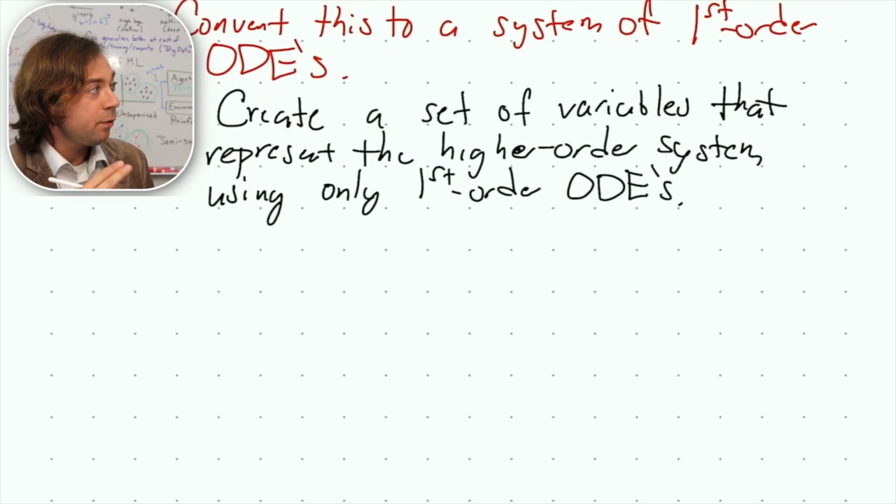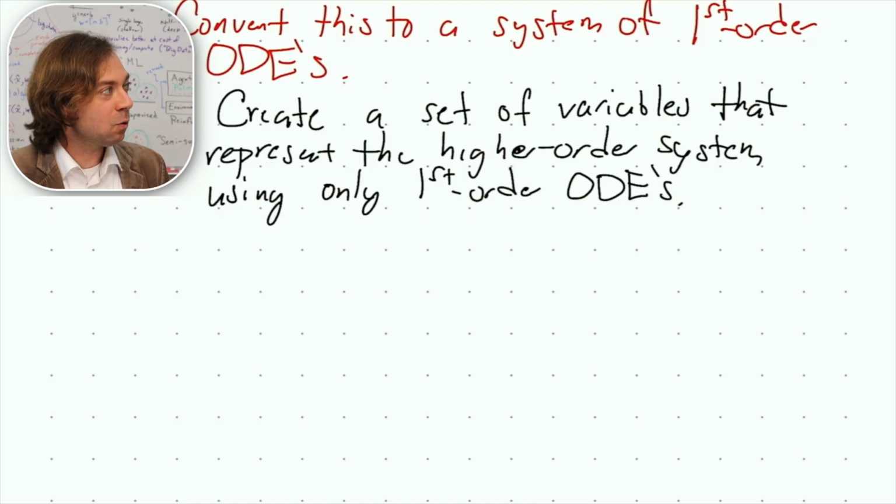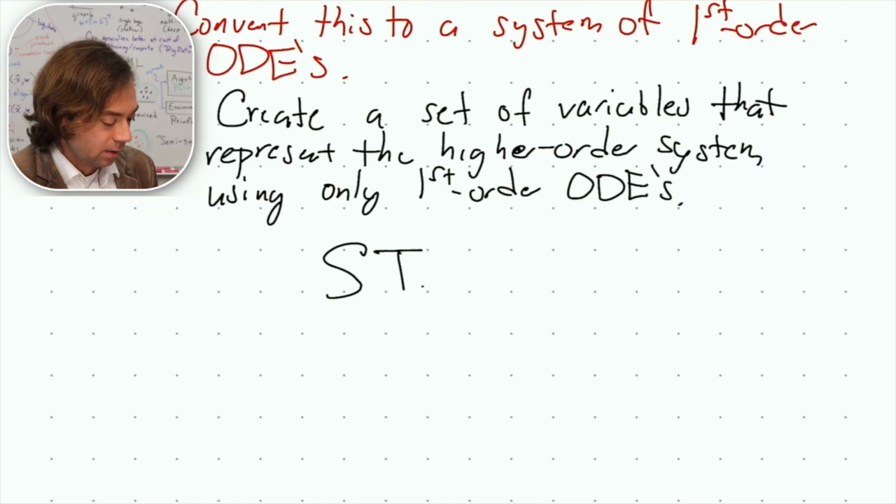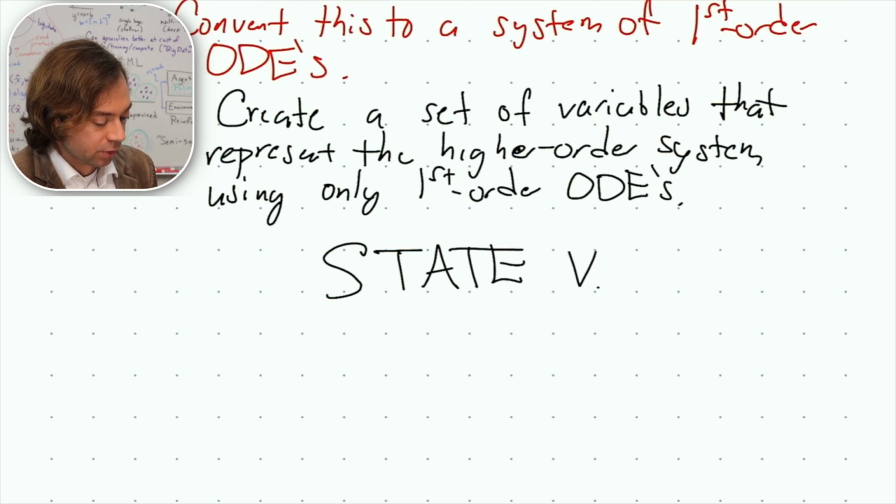Rule of thumb: if it's a second order system, you need two of these variables, and they are called state variables.